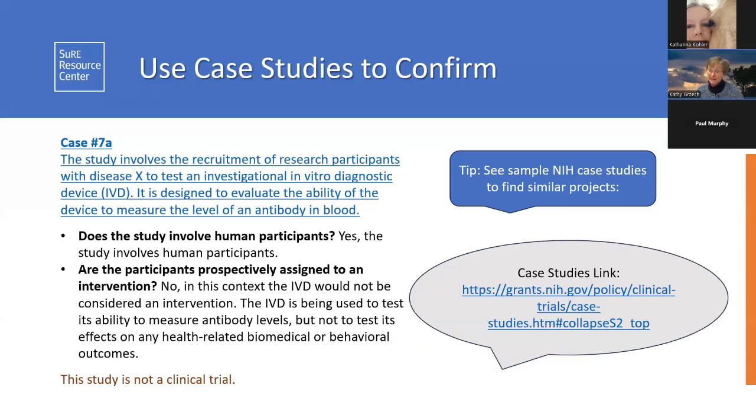But in his case, like this sample, he was really investigating what is the capability of this instrument? Is it effective at what we think it can do for human health? And his research questions were not about impact on the patients or a biomedical or behavioral health outcome. And so while it seemed to be clinical research, it was not. So this study is not a clinical trial.